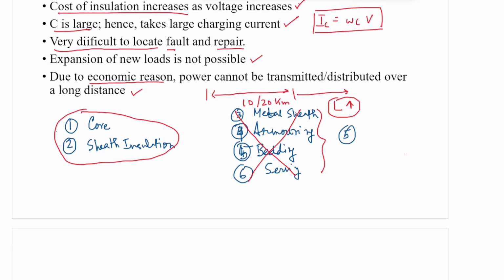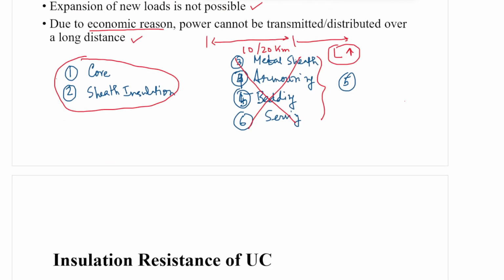How are they geometrically formed? The core is the central conductor having radius r, and the sheath is another circular shape.